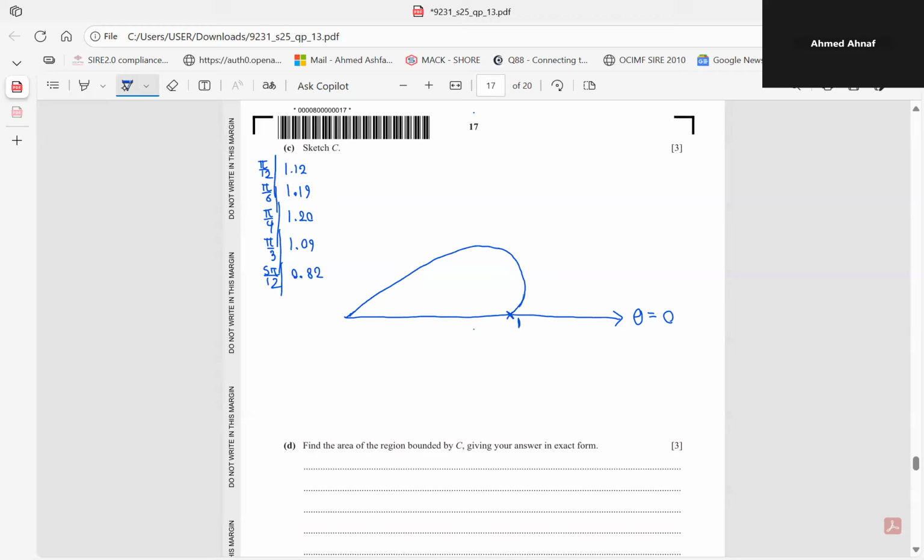Now let's do it for the second part. We're supposed to draw a smooth curve from θ = 0. So let's do the negative parts.